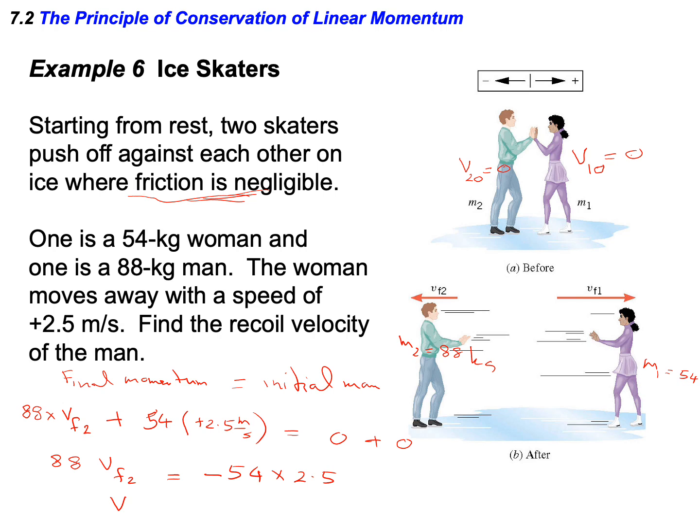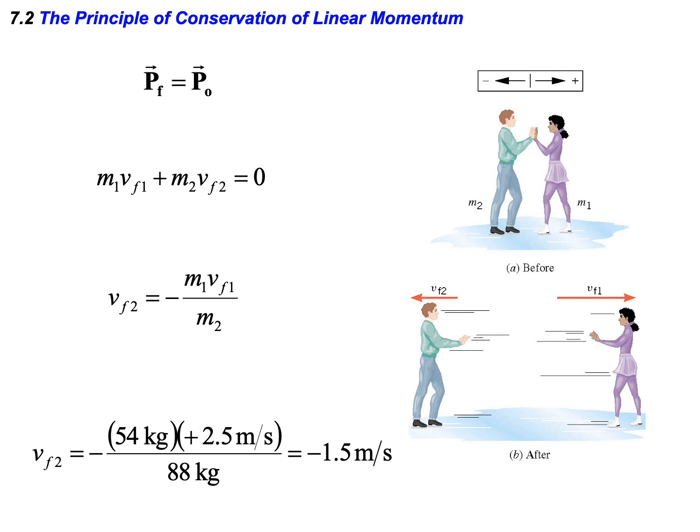So now you can solve V final 2, which is equal to negative 54 times 2.5 divided by 88. We get a negative sign because the woman moves this way with 2.5 and the man goes in the opposite direction. Opposite direction means we have a negative sign. When you solve this equation, you get the man's speed, 1.5 meters per second.